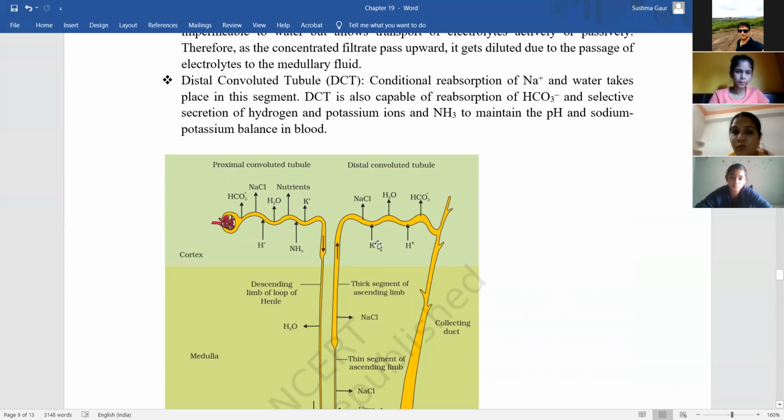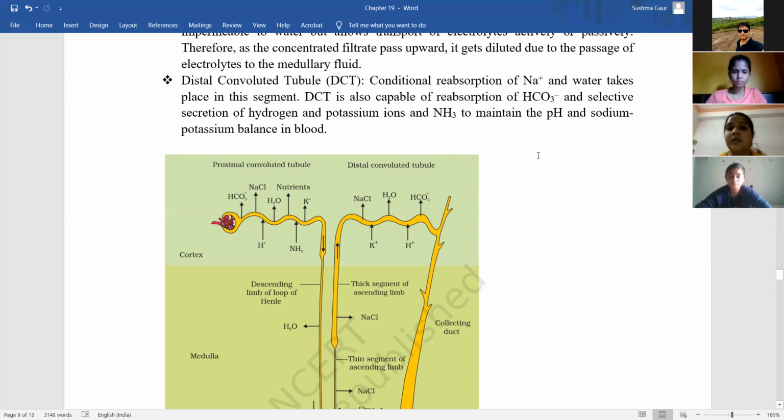Reabsorb means the sodium and water that is present in the fluid all around the nephrons will be reabsorbed by distal convoluted tubule, and it is also capable of reabsorption of bicarbonate ions similar to that of proximal convoluted tubule, and selective secretion of hydrogen and potassium ions and ammonia to maintain the pH and sodium potassium balance.